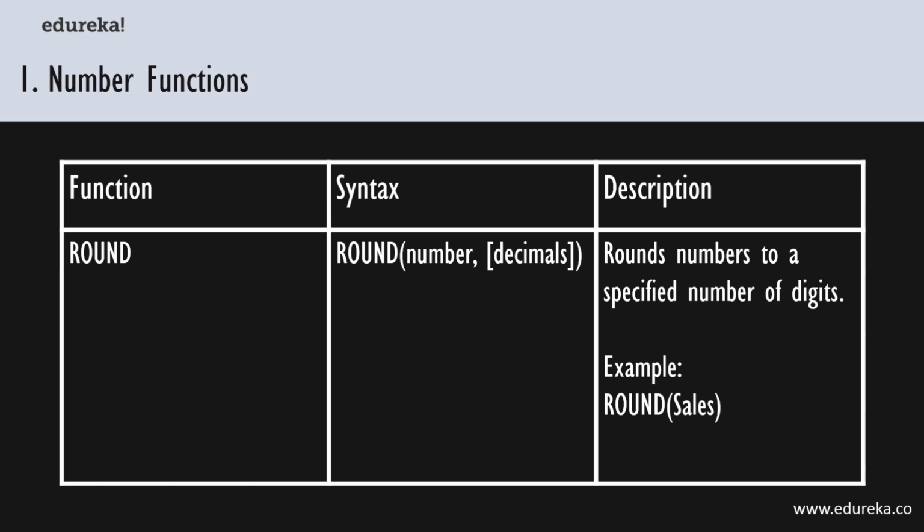Now, before I move on to my Tableau desktop, some databases such as SQL Server allow specification of a negative length, where -1 rounds to the tens place, -2 rounds to the hundreds place, and so on. This is not true for all the databases, of course; Excel and Access do not follow through with it. So with that, let's go to our Tableau desktop and see how this functions.